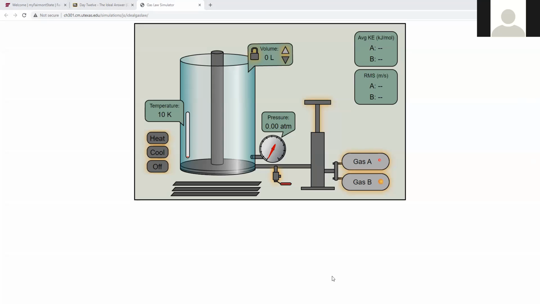And we've got pressure that's measured in atmospheres. And we have two different gases, one that has small particles, and gas B has larger particles. And we have volume, and volume is measured in liters.